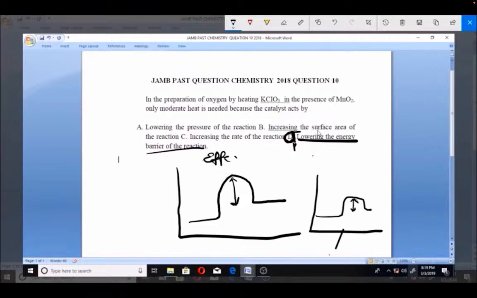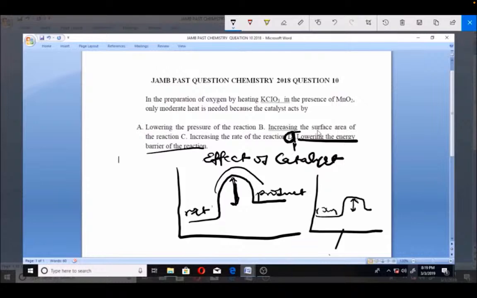Whenever you add a catalyst to a reaction, it reduces the energy barrier, so that you don't have to suffer so much to get to the next level. You don't have to suffer so much to move from the reactant side to the product side. So the energy you need in order to make this passage from reactant to product is reduced.